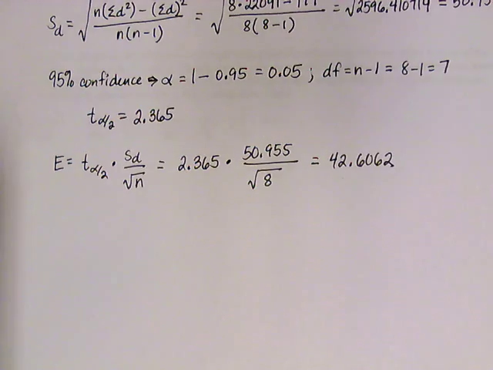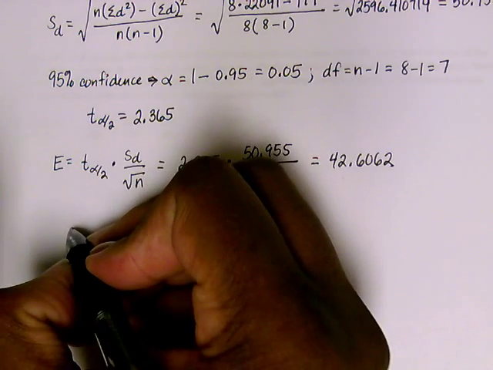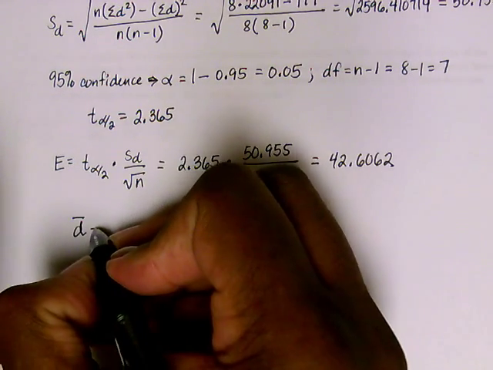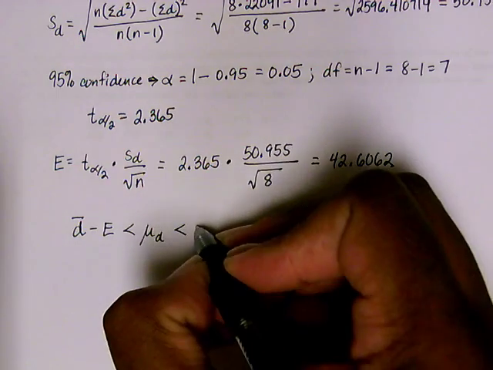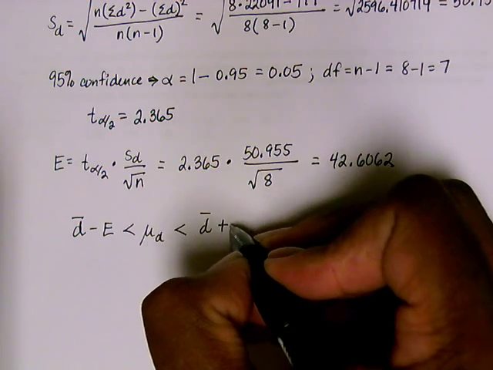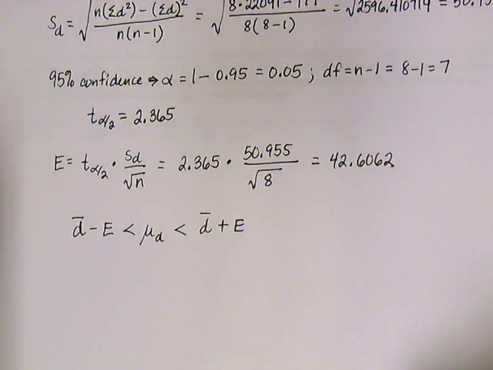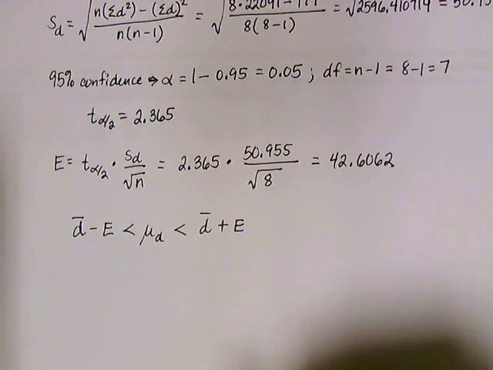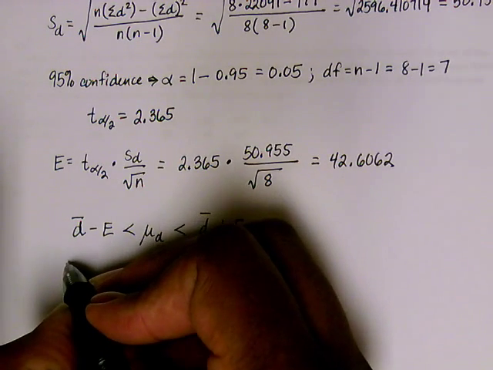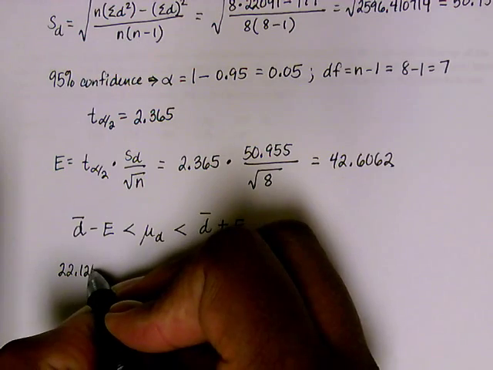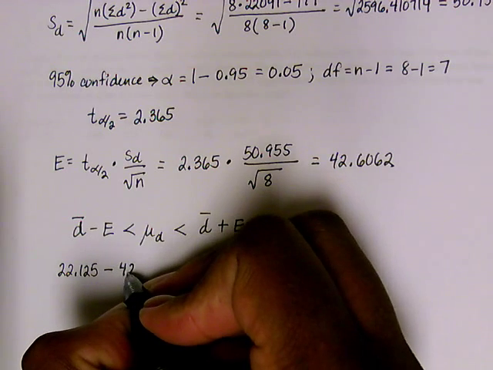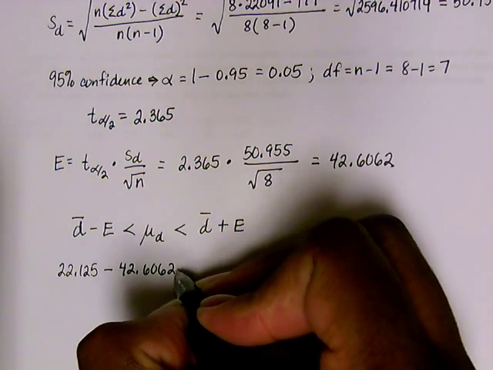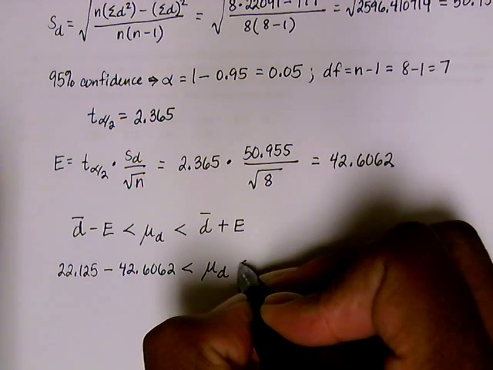And the format for the confidence interval, if you recall, is D bar minus E, that's less than mu sub D, and less than D bar plus E. And D bar was 22.125 minus the margin of error of 42.6062. That's going to be less than mu sub D and less than.